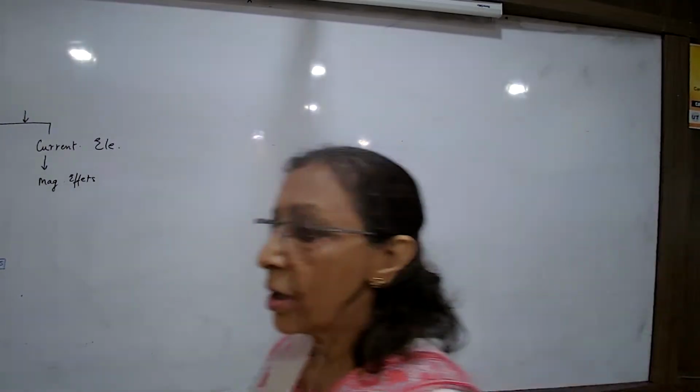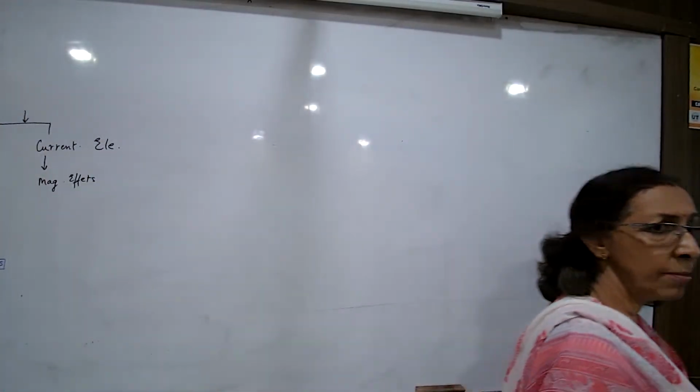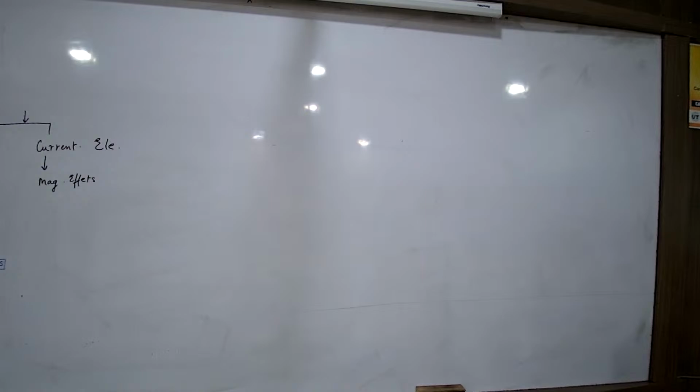Before we go on to that, I'd like you to understand what is known as a right hand thumb rule. Look at me. Right hand, right? Right hand thumb rule. So hold the pen or pencil in your right hand such that the tip is pointing in the direction of your thumb.